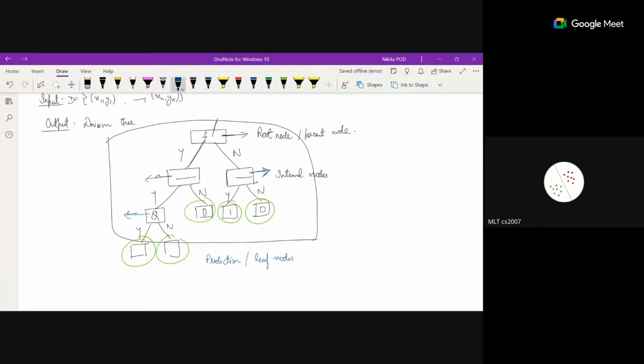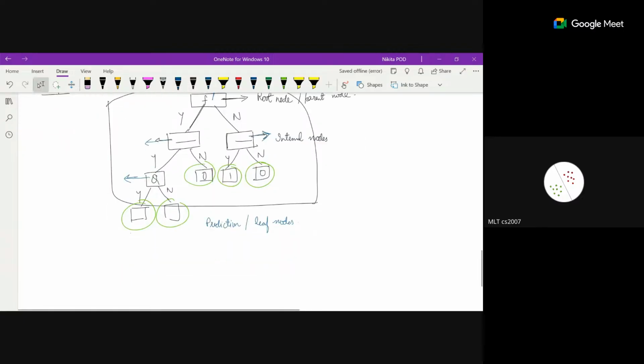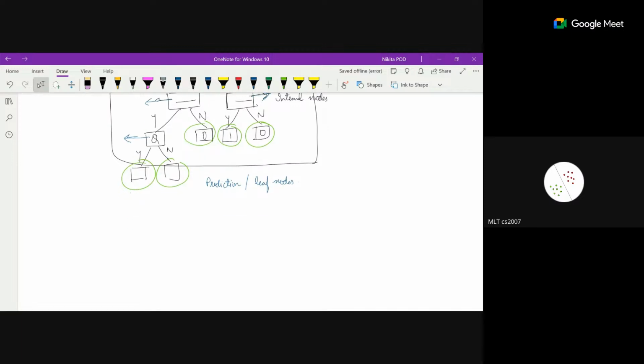This characteristic of the question is something that we measure using something called the information gain. So I'll come there.